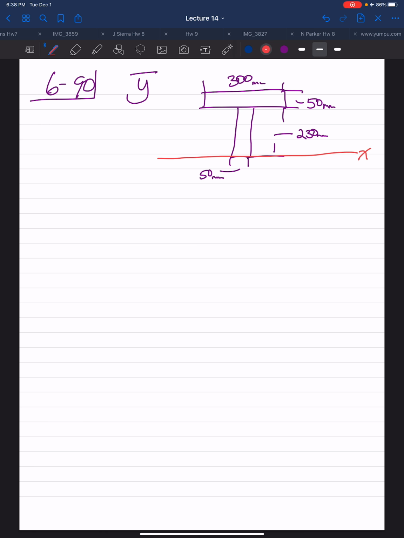This is our x-axis. We'll call this segment 1, and segment 2.